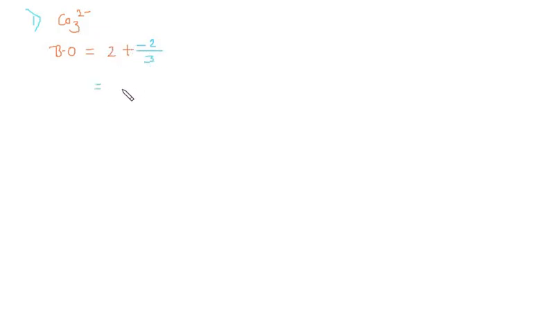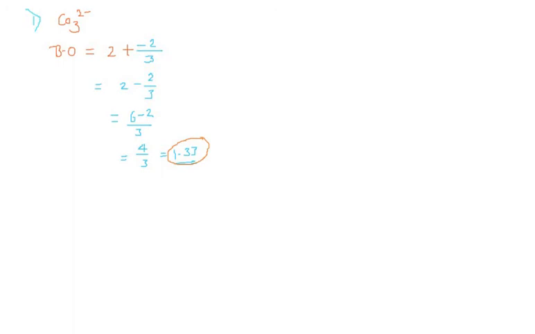So it comes out to be 2 minus 2 by 3, which is 6 minus 2 by 3, and it comes out to be 4 by 3, that is 1.33. Okay, so this is the first example. So you got the answer. The bond order is 1.33, very close to a single bond, or you can say greater than a single bond.